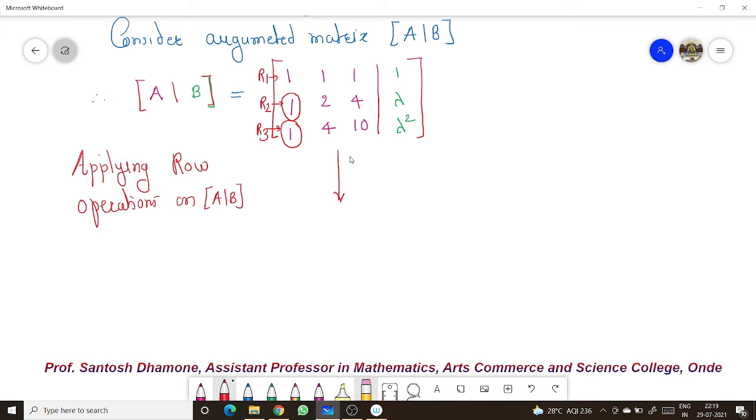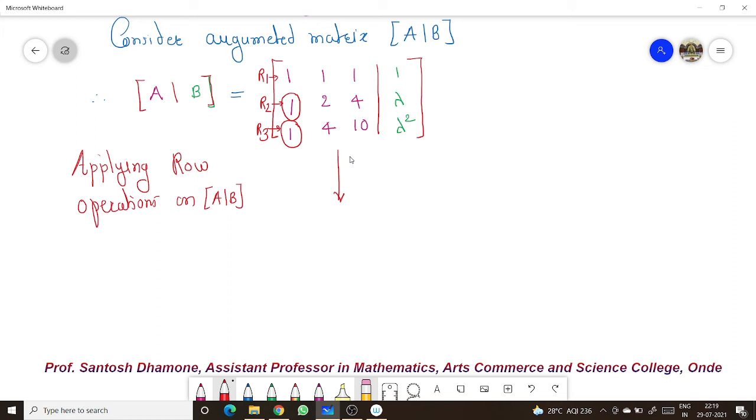Then in the second column we take the coefficient of y, which is 3, 3 and 3, and in the last column we take the coefficient of z: 5, -2 and plus lambda. This is the coefficient matrix.